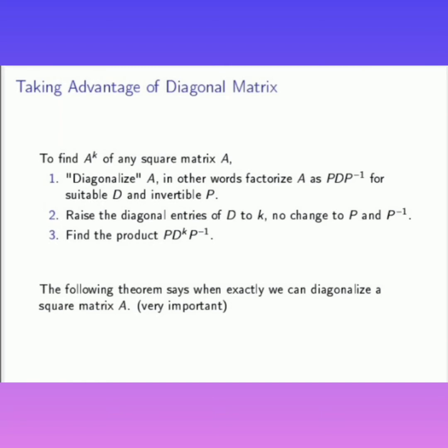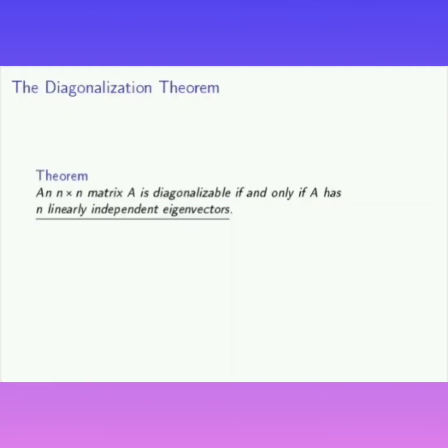The following theorem says when exactly we can diagonalize a square matrix A. Theorem: an n cross n matrix A is diagonalizable if and only if A has n linearly independent eigenvectors.